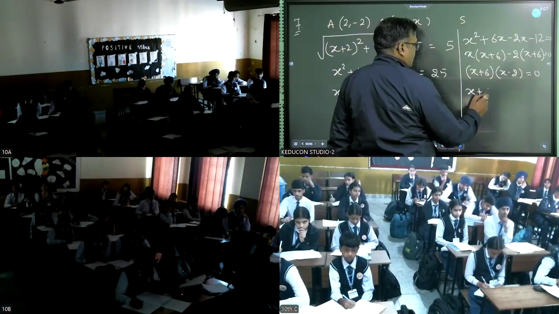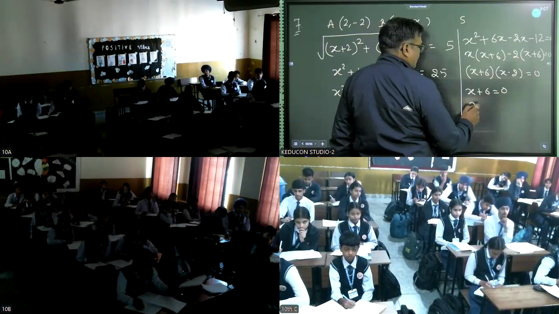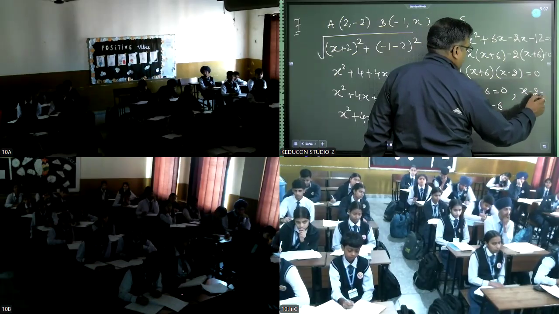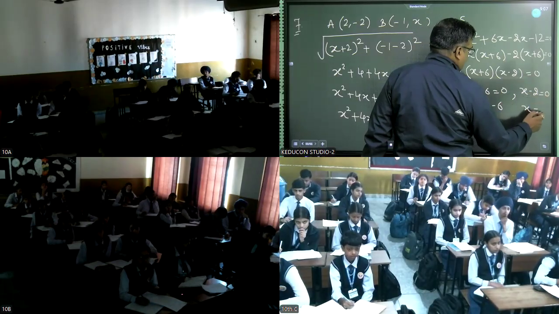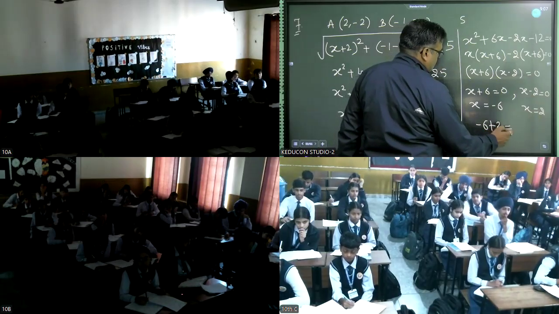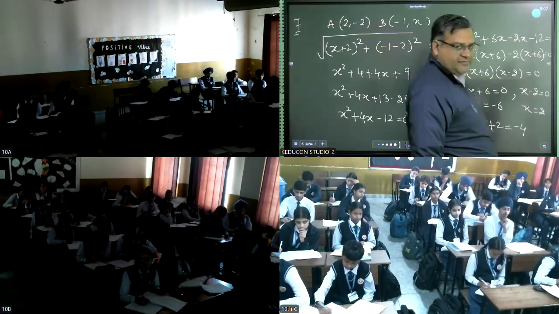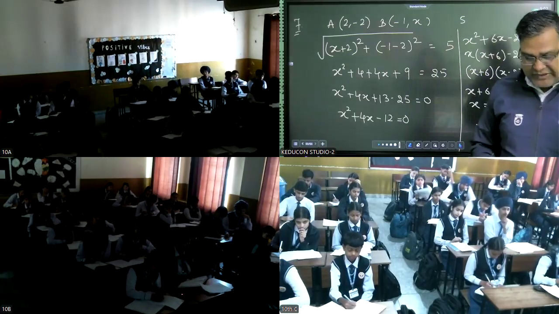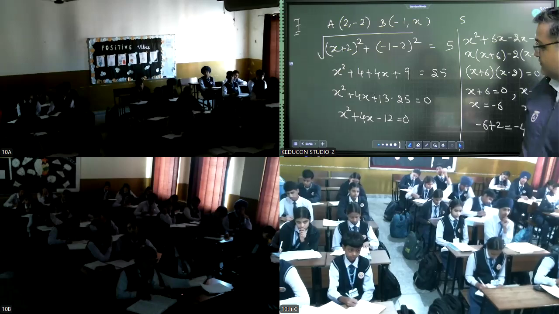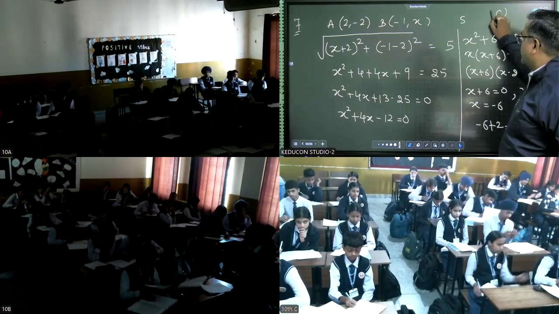One root will be minus 6, another will be 2. So what is the sum of these two? Minus 4. The answer will be C option. Minus 4 is C option, right? Minus 4 is C option.